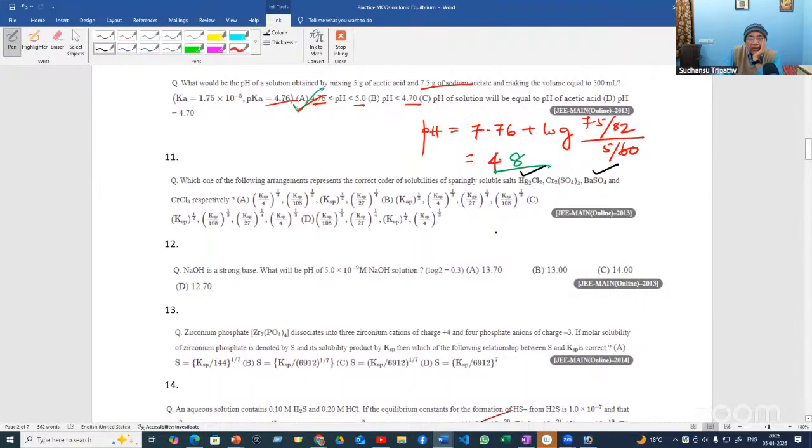Strontium, barium, lead are there, chromium is not. All chlorides are soluble, chromium is not there. He has asked the expression for solubility and the correlation between solubility and KSP.